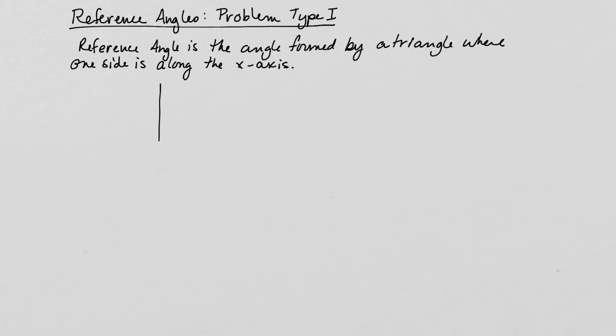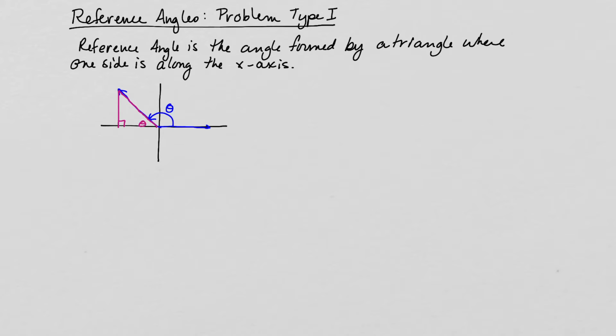So, for instance, let's say that I had this blue angle here, and we'll call this theta. The reference angle would be, we're going to take this line here and draw down to the x-axis and make a triangle.